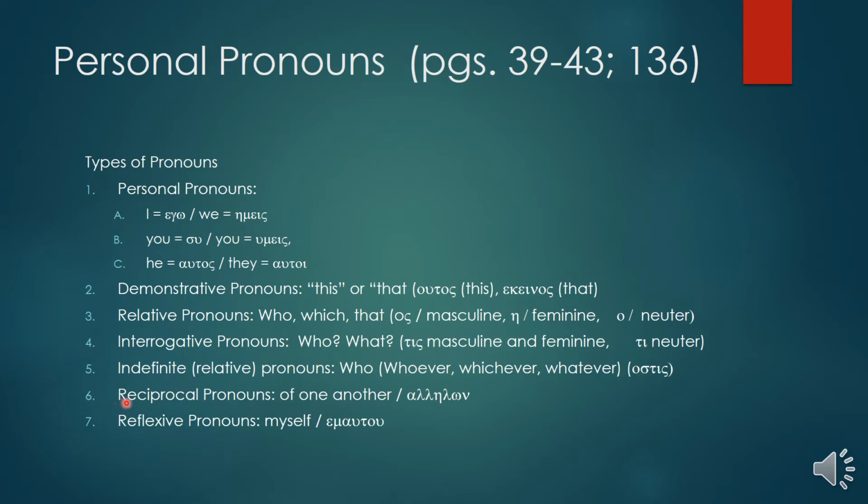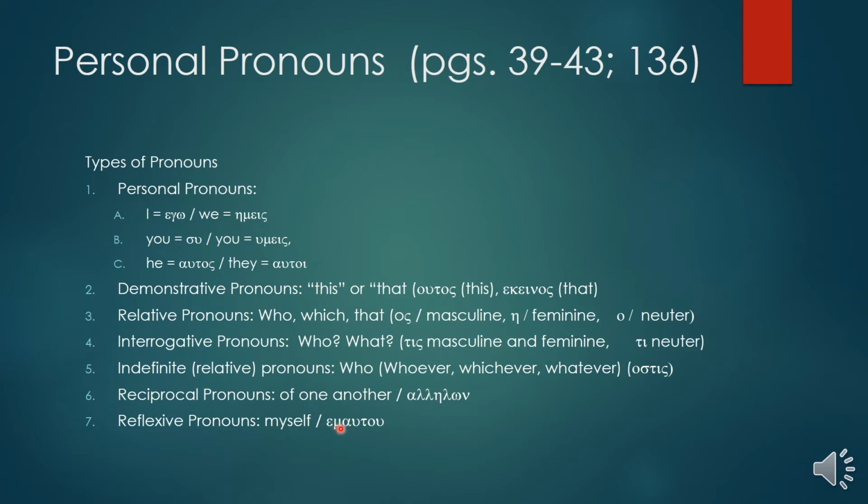There are also the reciprocal pronouns, of one another. Allelon is the word for a reciprocal pronoun in Greek. One another, one another. Reflexive pronouns are like myself. I love myself. Or he himself loves apples.